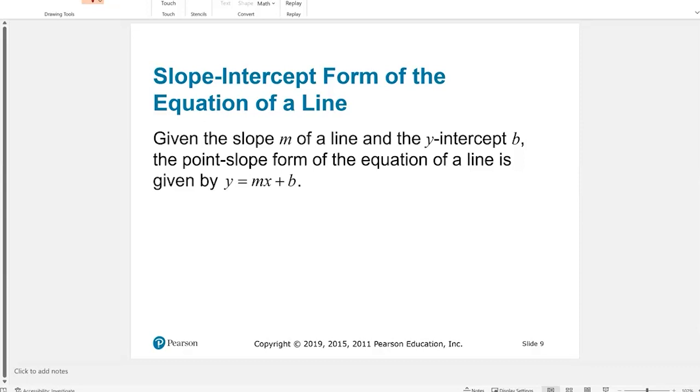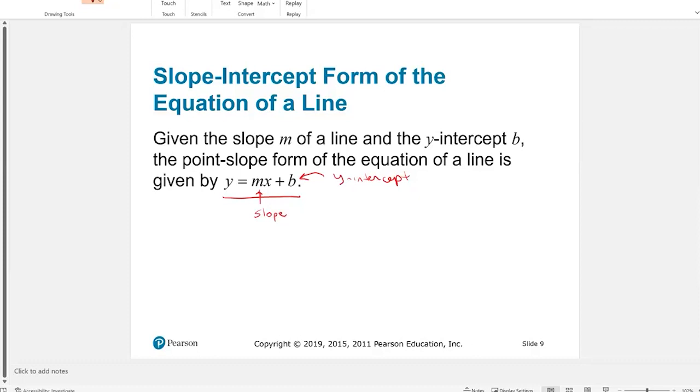Slope intercept, that's y equals mx plus b. Most of you have seen this before, where m is still the slope and b is the y-intercept. This is the slope, and it says it up there.